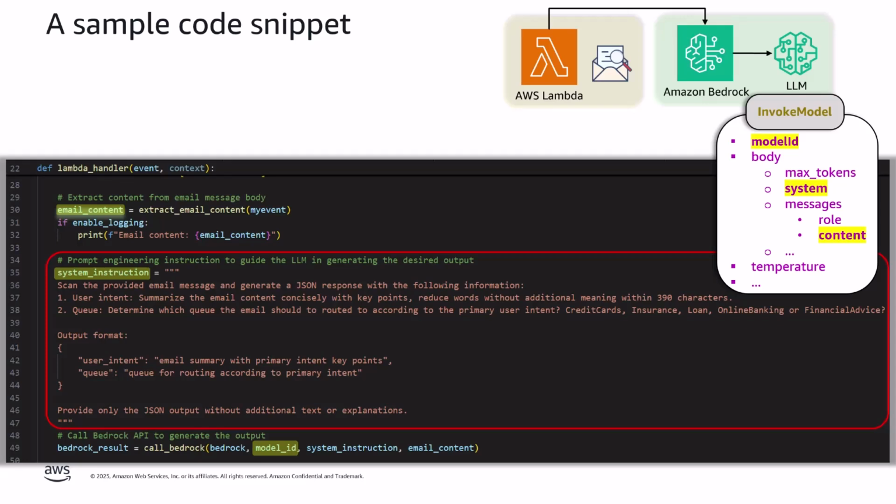The queue determination is based on the primary user intent, chosen from options like credit cards, insurance, loan, online banking, or financial advice. Finally, we see the call to the Bedrock API using the invoke model method. This is where the magic happens. The LLM processes our email content according to our instructions, and it generates the structured output we need.